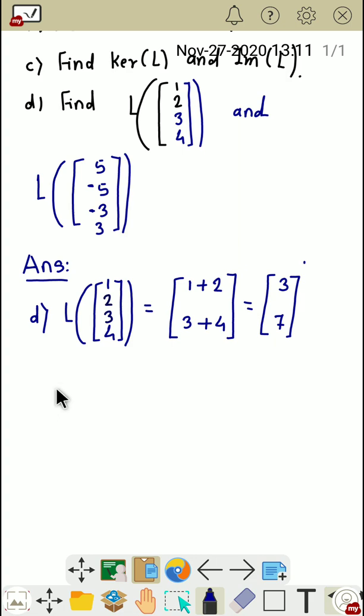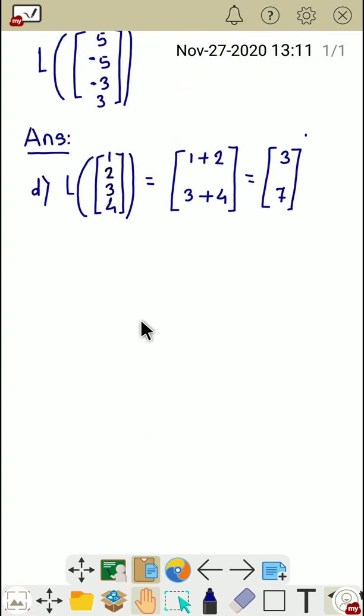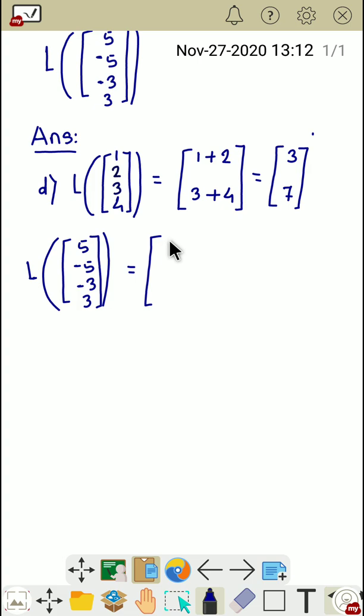Now we will find the value of L operating on the vector (5, -5, -3, 3), and by definition of linear transformation L, it is a column vector with two rows.